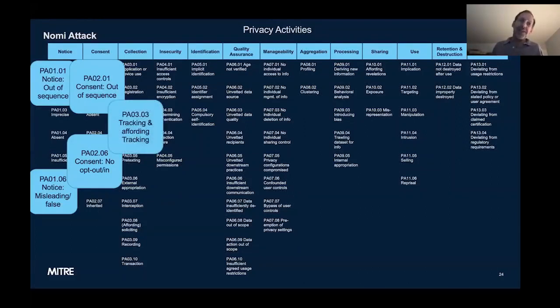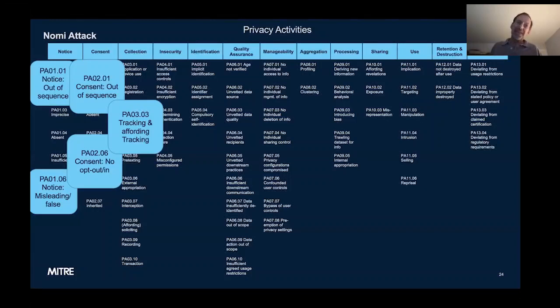In terms of data collection, there's what we call tracking and affording tracking. When we say affording, that's when somebody facilitates tracking. Somebody makes functionality available, a tracking mechanism. They're not actually doing the tracking themselves, but they are facilitating the tracking.